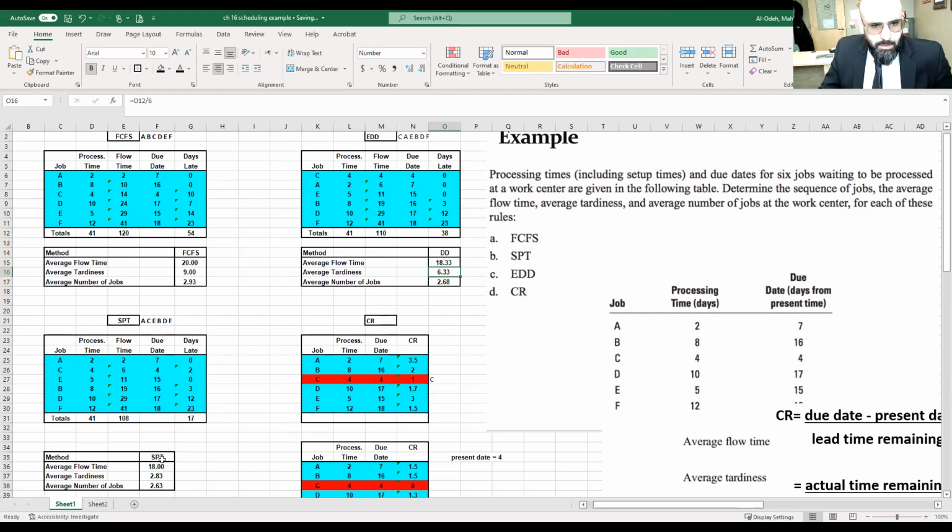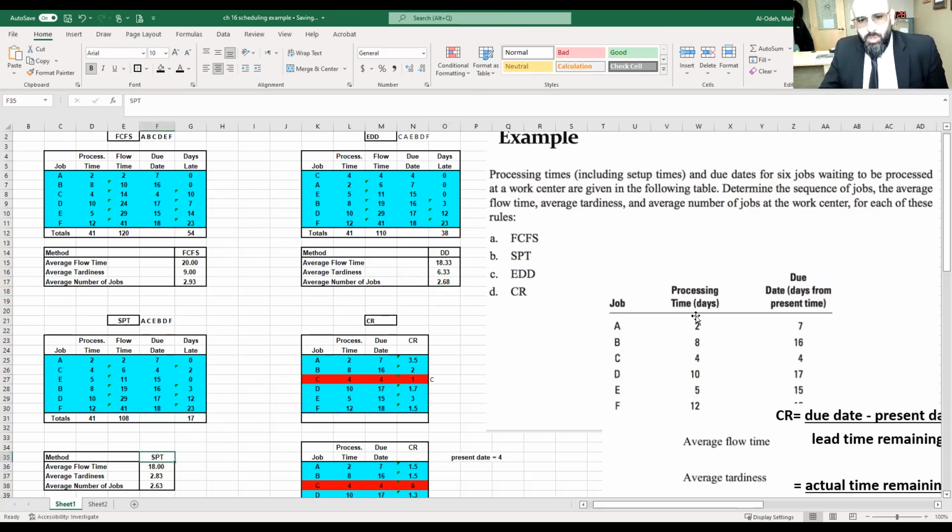So that's better than first come, first serve, but short process time is the best so far. Moving into the tardiness, we have 6.33. This is calculated by dividing the 38 by 6. And then average number of jobs is 110 divided by 41. That will give you 2.68. So far, the short process time is the best between the 3.